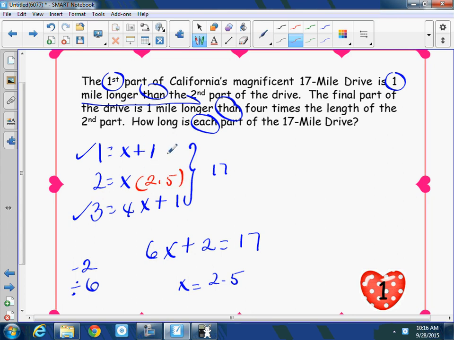But that part is 2.5 plus 1, which is 3.5. And this part is 4 times 2.5 plus 1, and that equals 11. And when you add it, they should equal 17. And that's 11 plus 2, 13 plus 3, 16, and then 0.5 and 0.5 would be your 17.